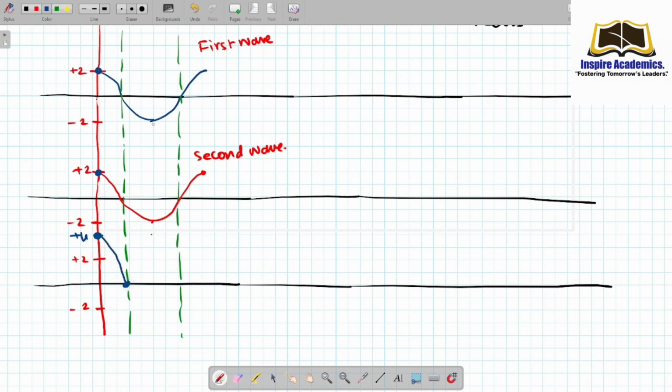Again, this is also -2 and -2. So what will be the amplitude of the new wave? सिंस -2 है सो आउटकम क्या होगा क्षितिजा? हाँ जी सर.